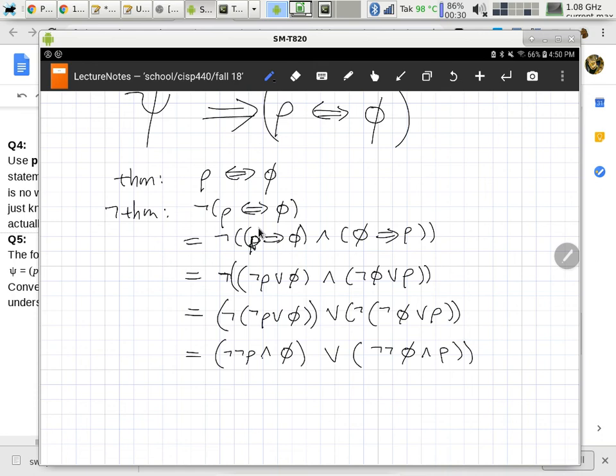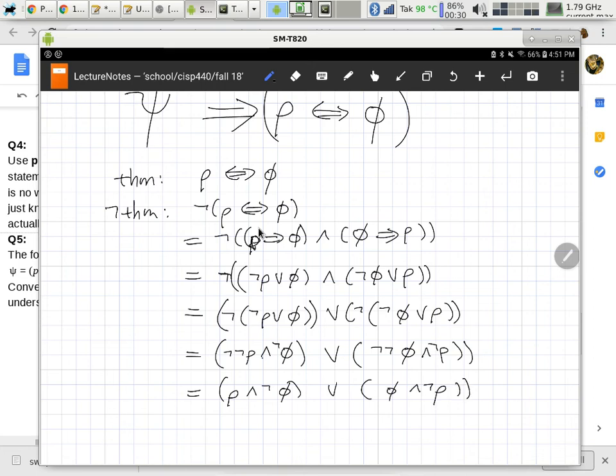Okay. Oh, I forgot one negation. No wonder it doesn't look right. There we go. Okay. So now we can cancel out the double negation. So one side becomes rho and not phi, and then the other side becomes phi and not rho.